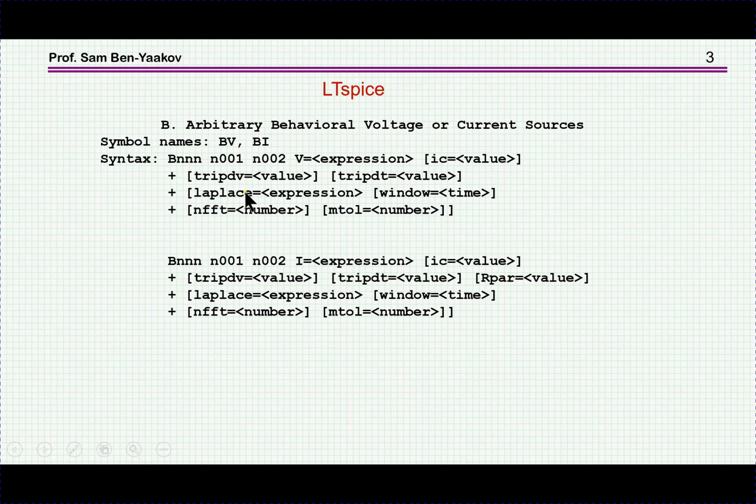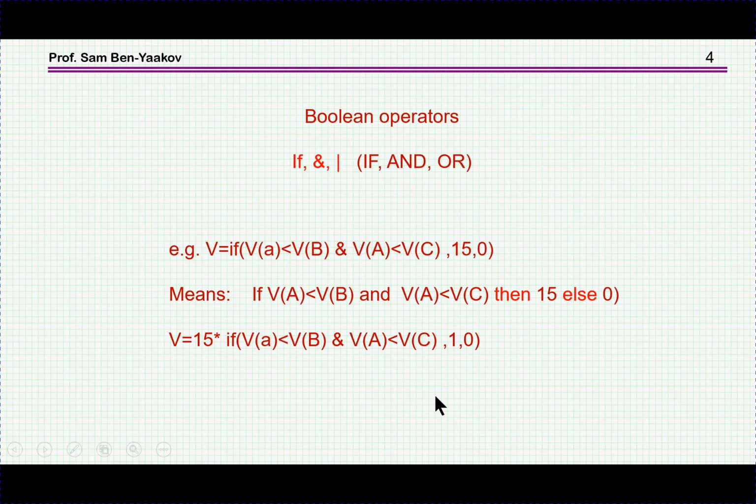And as I've said, it could be a voltage or a current source, like this is a current source and this will be a voltage source. So if you write V equals 2, then it's a voltage source, or I equals 2, then it's a current source.